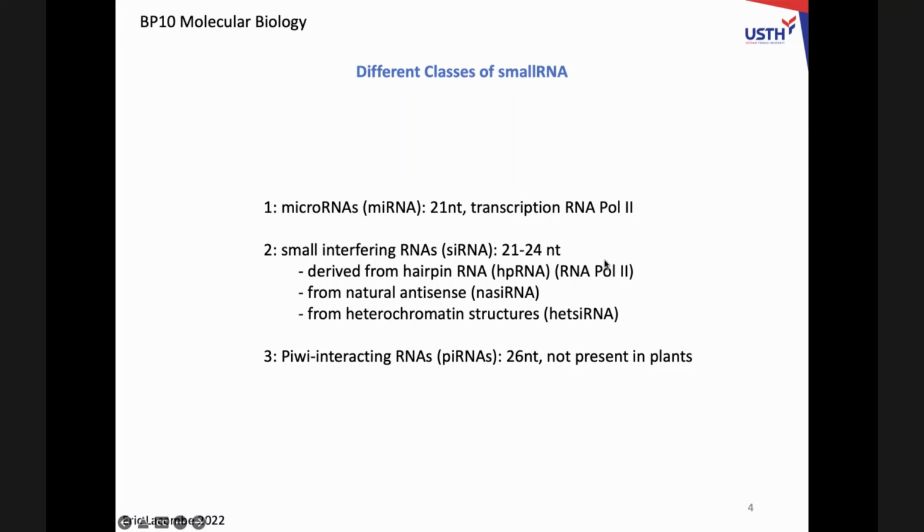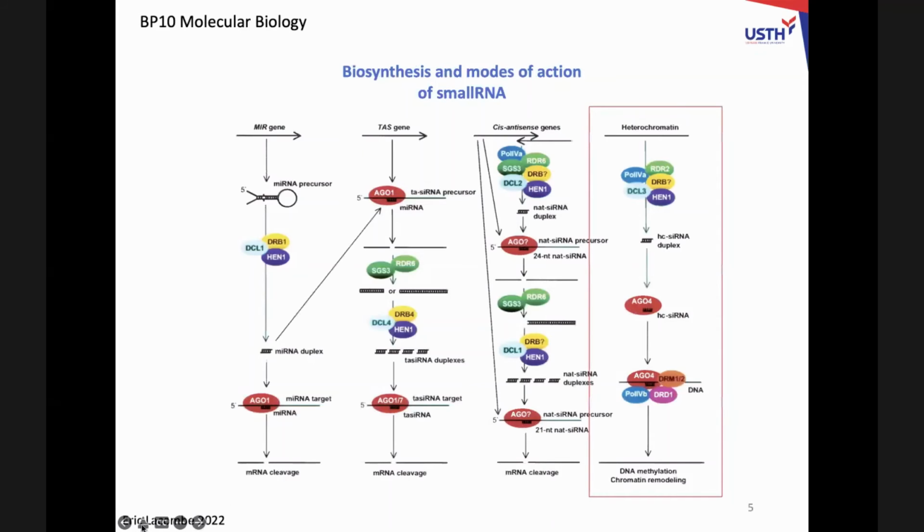Some of them are derived from secondary structures of RNA. Others are direct, proper genes, and the way they work is extremely complicated. So you don't have to remember that, because you will see it more in depth next year.